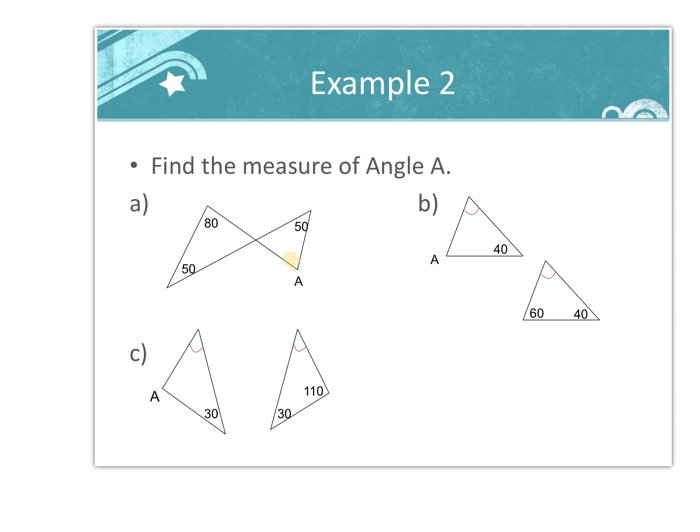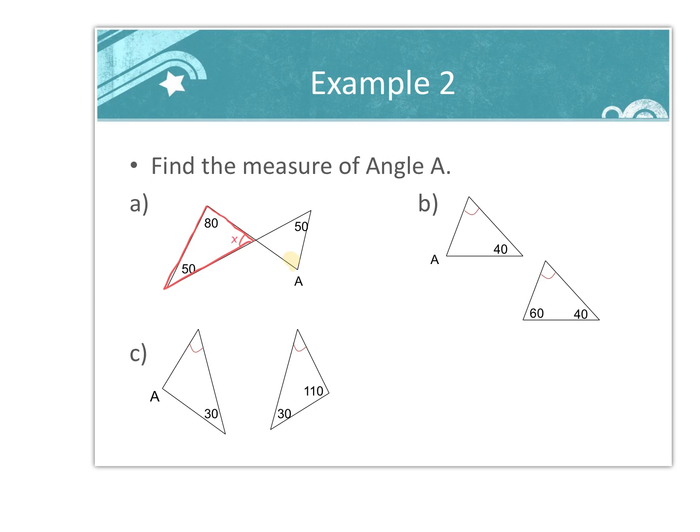I start by noticing that I have two triangles, and I've got this one triangle over here on the left where I've already been given two of the three angles. So I'm going to try to figure out the missing angle there. You can give yourself little variables.